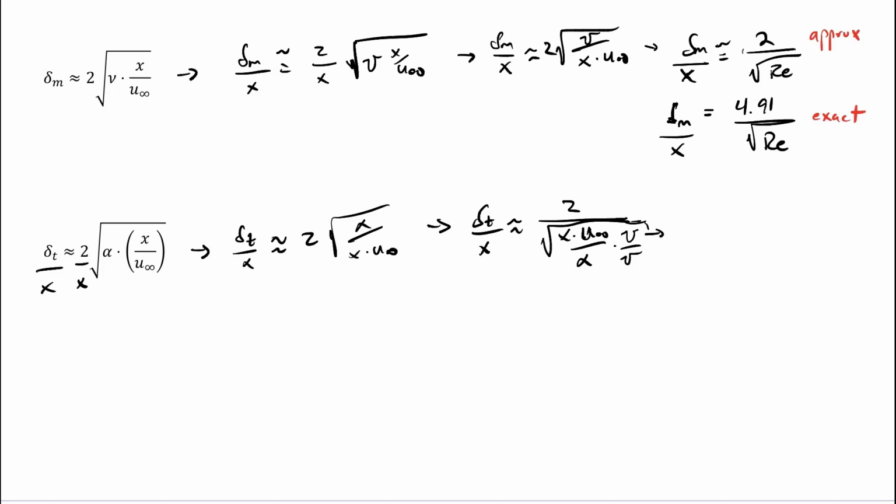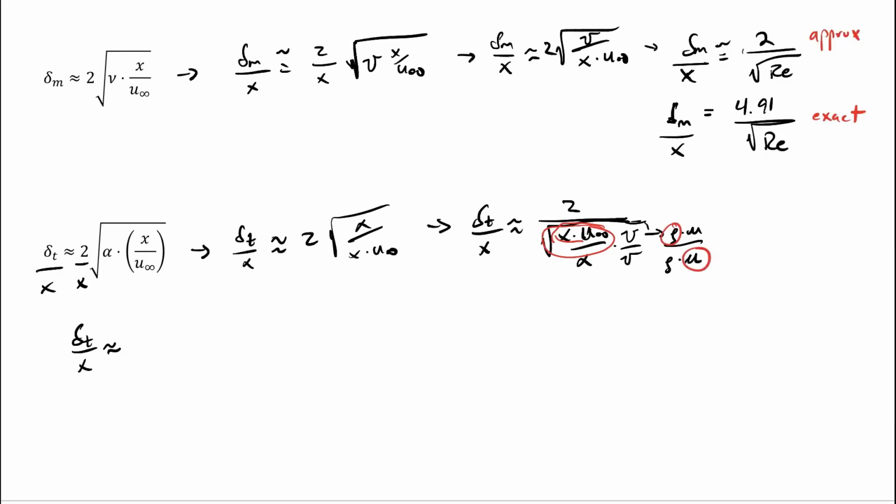Right, so this is actually rho times mu divided by rho times mu. Then delta t over x is approximately equal to, so we have x times u infinity divided by x times u infinity times rho divided by mu.